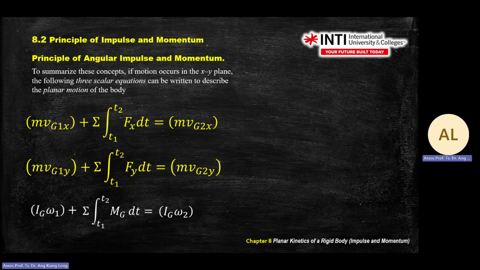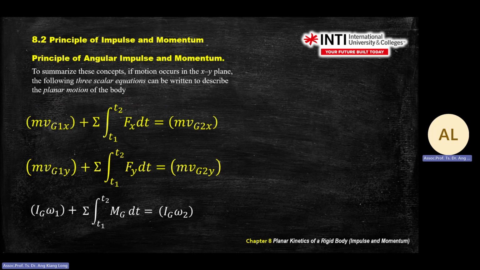For example, the velocity vector, you can break into vx, vy. Mass is still the same. Same like the force: you add all the forces and then break into x and y, Fx, Fy. Time is the same. And this one, Vg, is also the same.